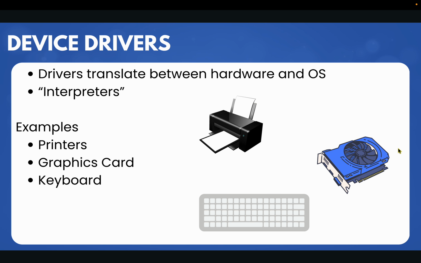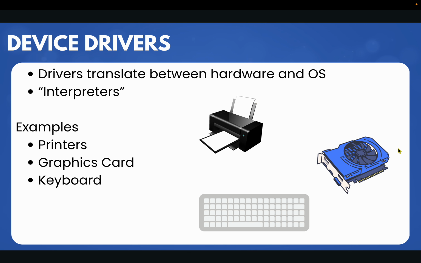All right. So now that we have covered your OS, your file system, you also will have the case where you have drivers or device drivers. And these drivers are basically going to help you connect those external hardware components to your computer.